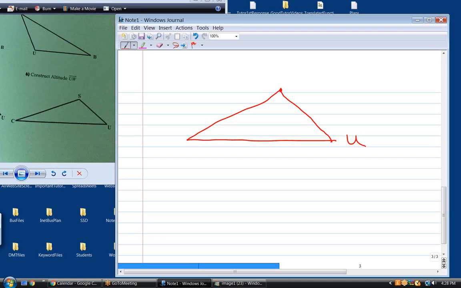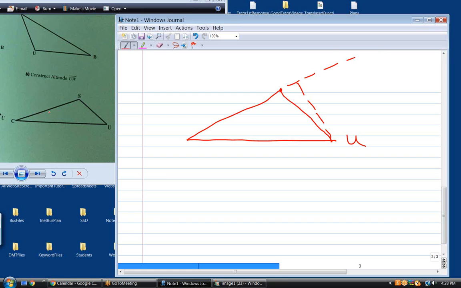Notice that the altitude from U is going to look something like that. It's going to be outside the triangle. I cannot draw a line from U to the line SC and make it perpendicular. Anywhere I draw it is going to create an obtuse and an acute angle.